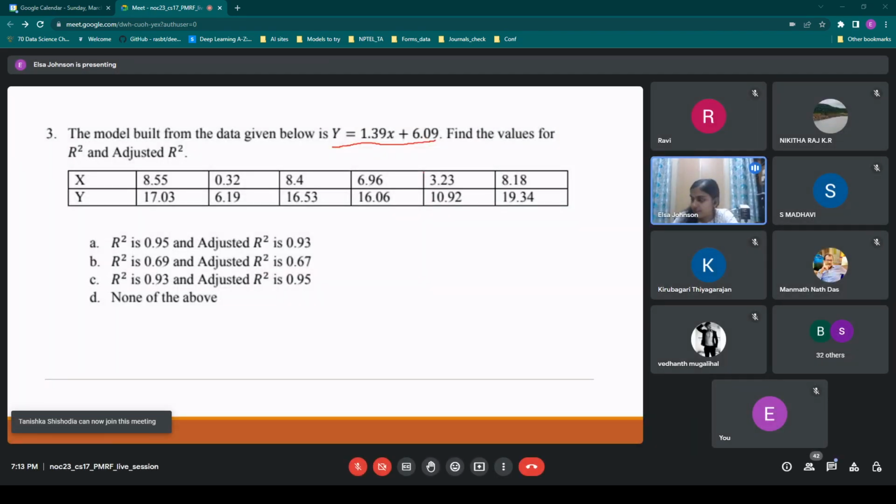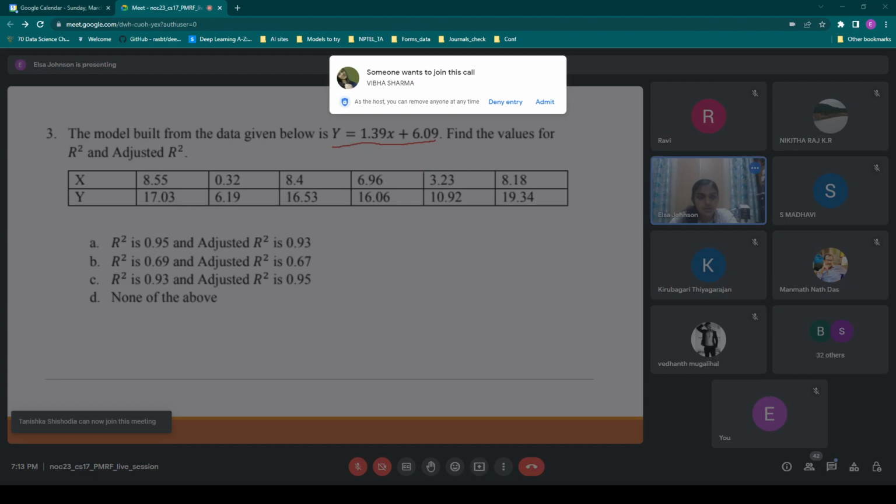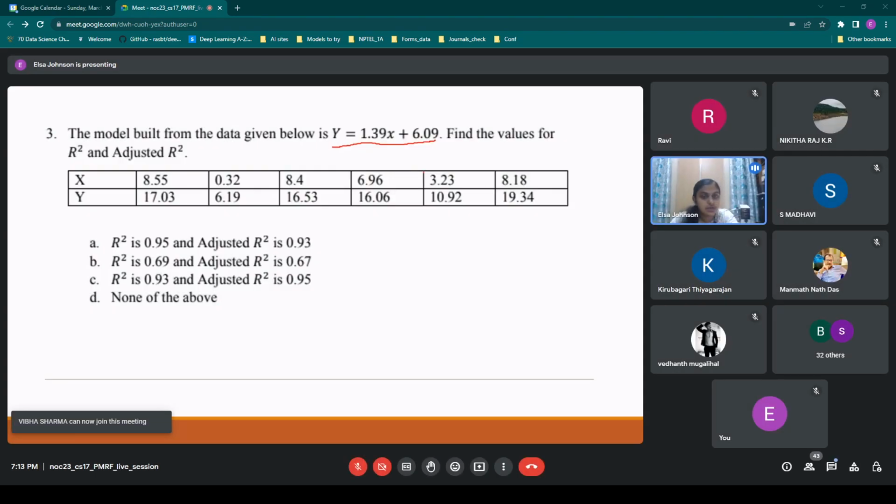First you'll start with the errors, then check the r square and adjusted r square, then maybe check the residual plots to see if they are random. All of these you have seen in the pre-recorded videos.